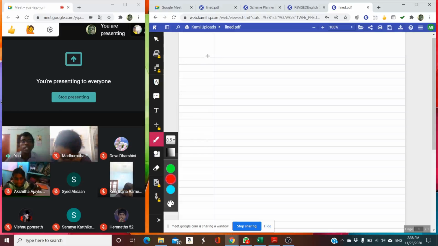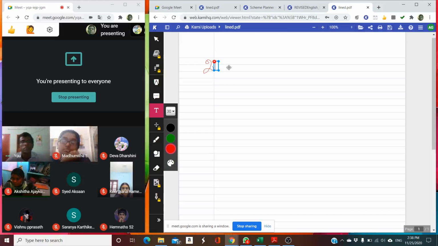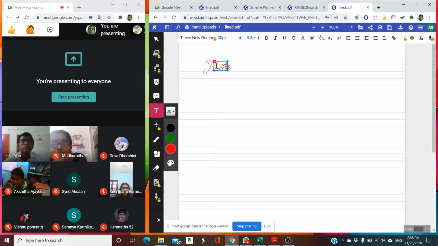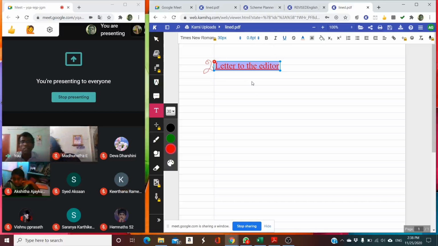Let us say this is the question number. Most probably letter writing is question number 2. Put it in the margin. Then write the letter. Letter to the editor. If it is a letter to the editor, you write like that and underline it. If it is a letter to the commissioner of police, you write that. That is only the topic, it's not the title, it is the topic.